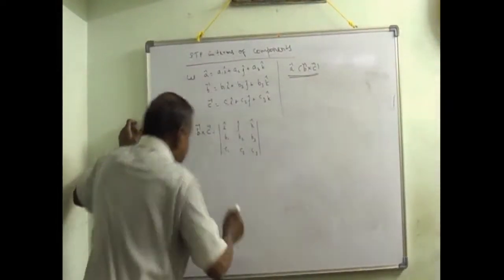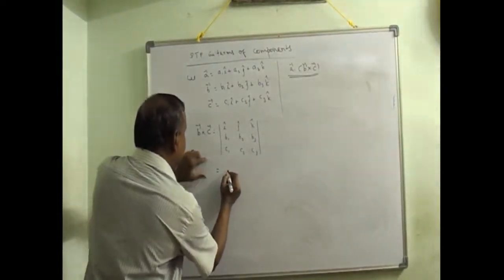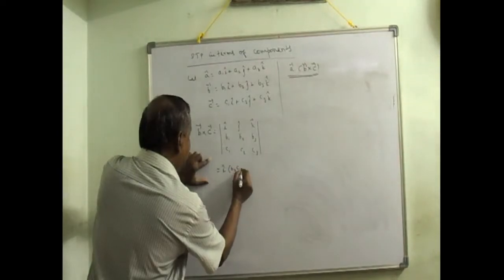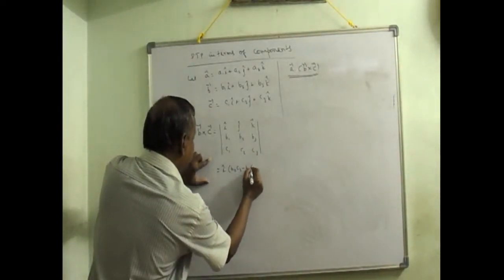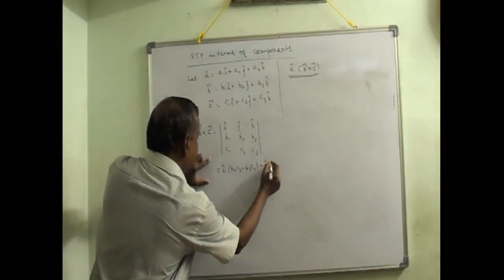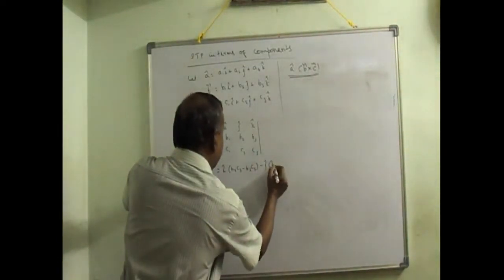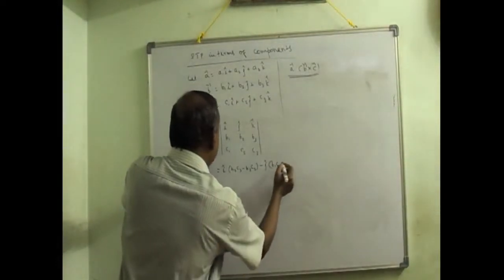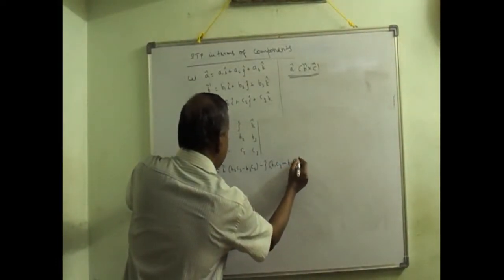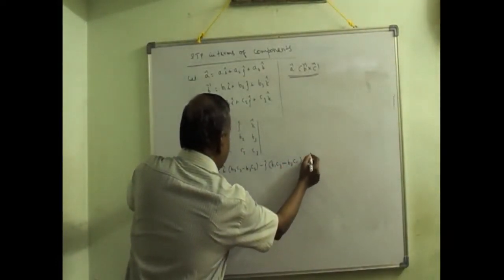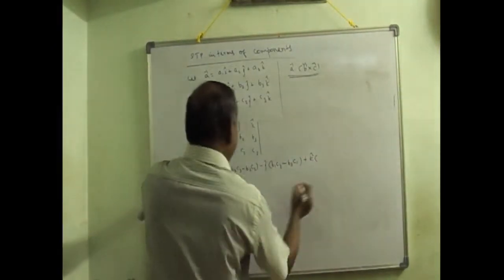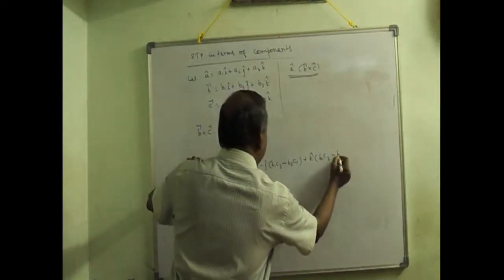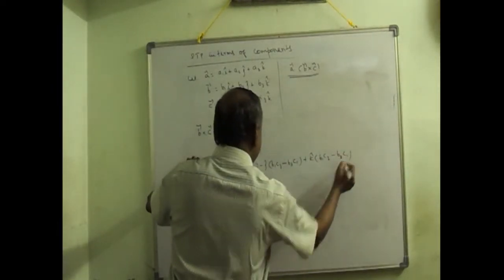By expanding this, it equals i cap into B2 C3 minus B3 C2, minus j cap into B1 C3 minus B3 C1, plus k cap into B1 C2 minus B2 C1.